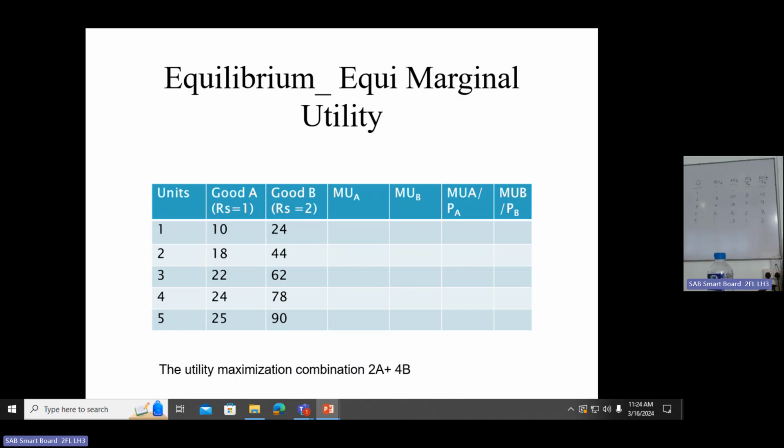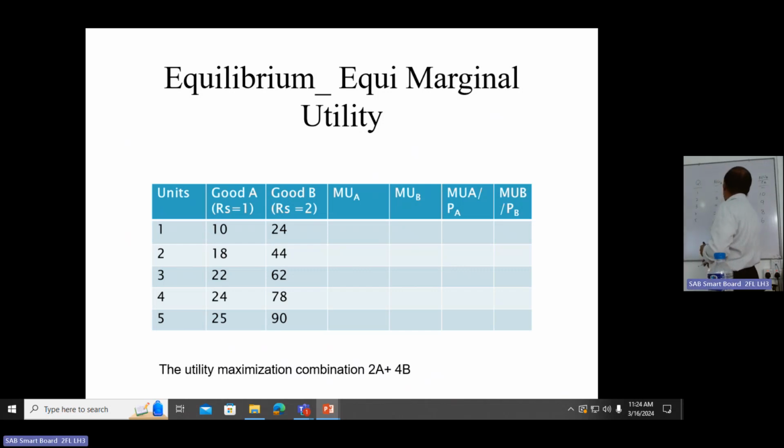Now we need to estimate the income. The price of product A is 1 rupee, the price of product B is 2 rupees, and the income, let's say, is 10. Then you need to identify the points which satisfy these two conditions.